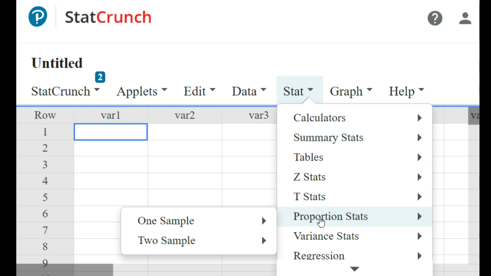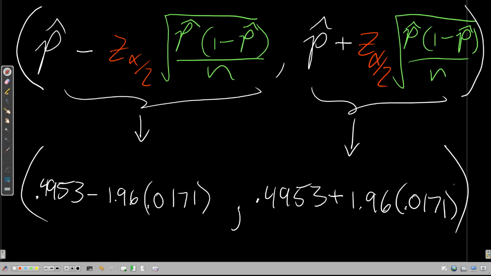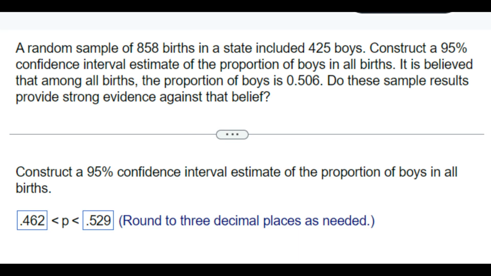We knew that for a couple of reasons. Number one, they're talking here about p for proportion. And you see this p in between the edges of the confidence interval. If it's a p, then it's proportion stats. If it was a mu, it'd be T stats, but we'll do that later.